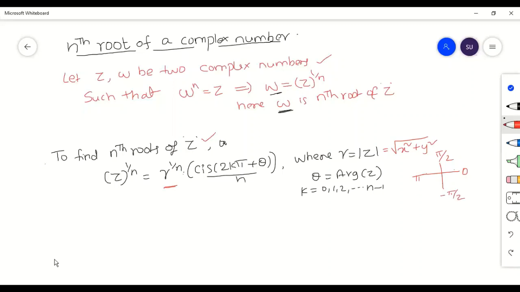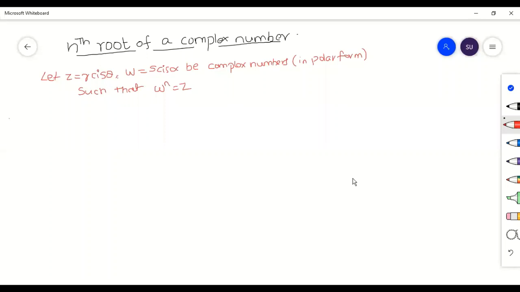Now we will see the proof for the formula. Let z is equal to r cis theta and w is equal to s cis alpha be two complex numbers in polar form. Polar form means the modulus-amplitude form, such that w power n is equal to z.